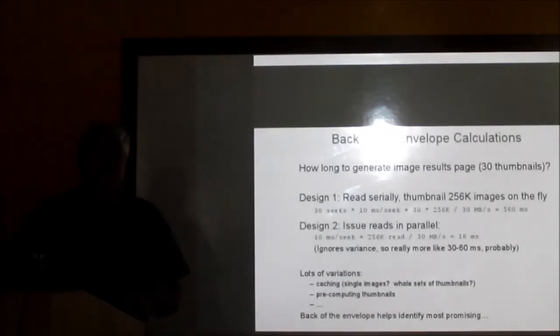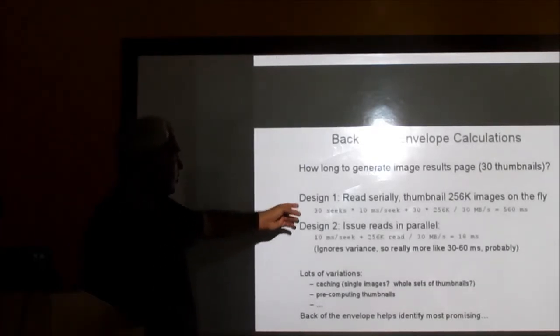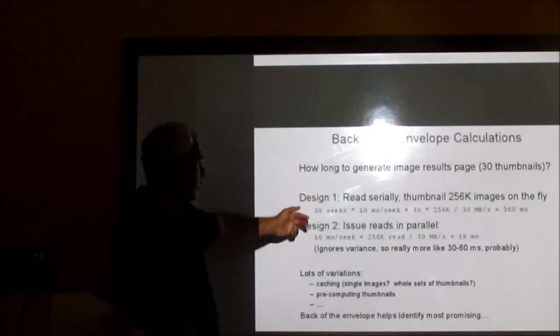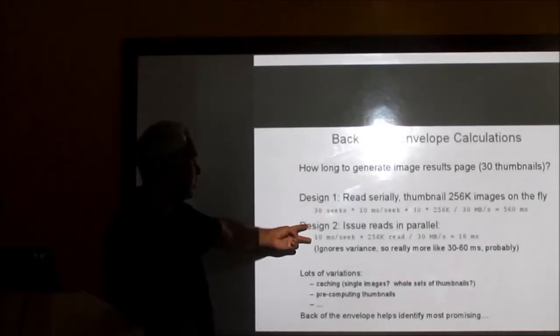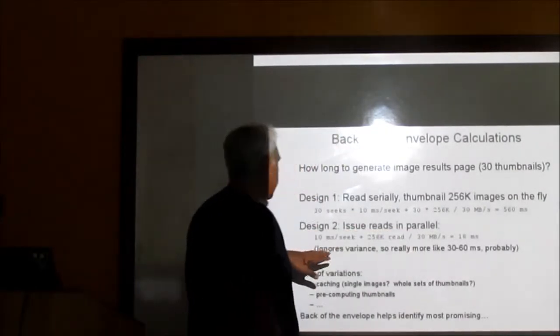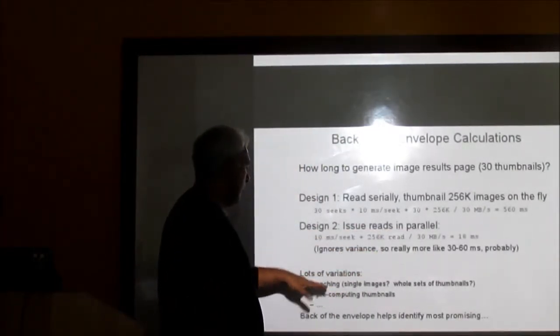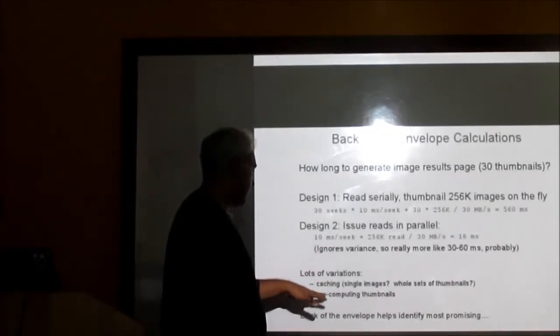In reality, when you're doing it on one machine, it's fine. But when you go to so many different machines, this is a simplistic answer in the sense that it ignores variance. What are these variations?